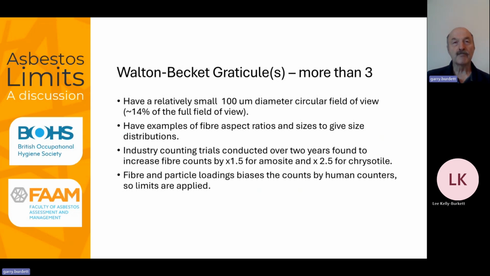But this was done with much more dense samples, when we were looking at exposure limits of 5 fibres per ml or higher. They also noticed that the counts were very biased by high numbers of fibres and high particle loadings. So there are a number of biases intrinsically involved.